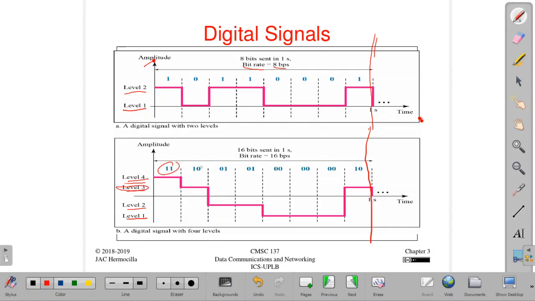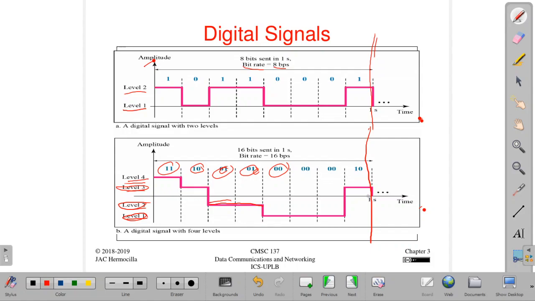Level 3 will be interpreted at the receiver end as 1 0. Level 2 will be interpreted as 0 1 at the receiver end, and level 1 will be interpreted as 0 0. So the drawing shows that this is 0 1 0 1. So that means level 2.